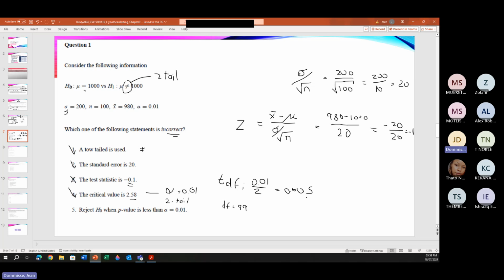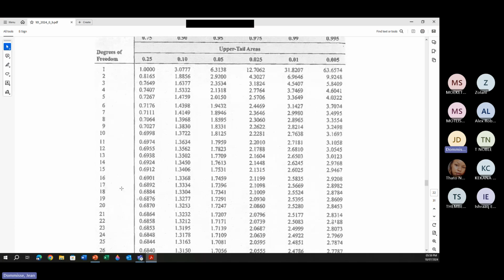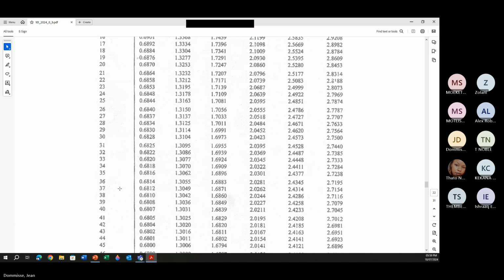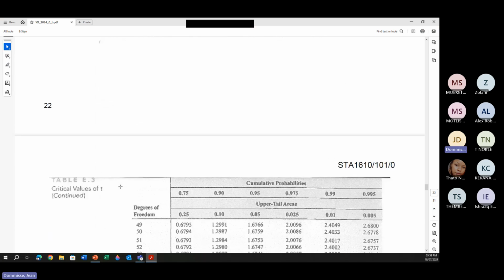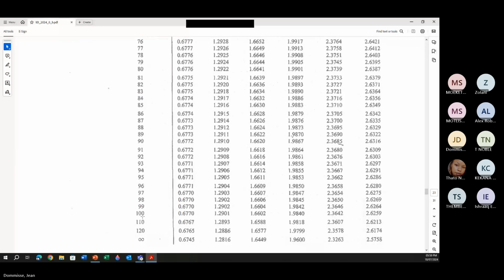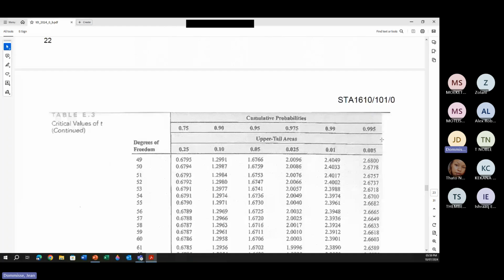So if we needed to use the t, which not needed in this one, but if we needed to, we would have gone to degrees of freedom of 99. Hopefully there is one. Degrees of freedom 99. And we would have gone to 0,005.